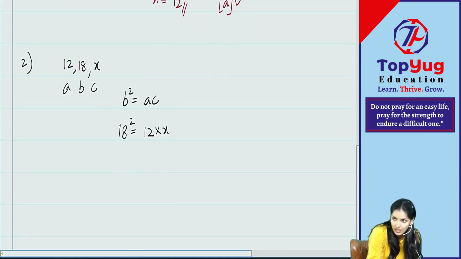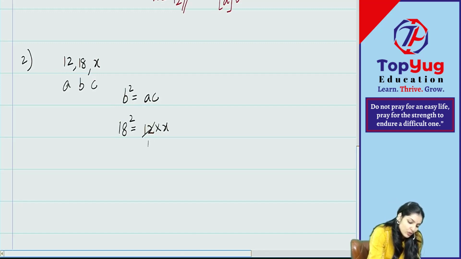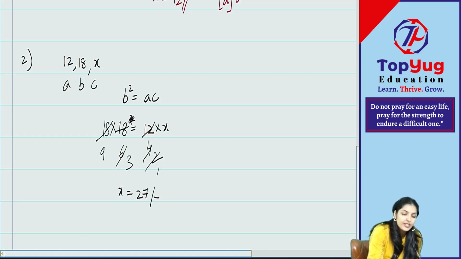I can cancel before that only. 18 into 18 is 324, but if I want I can cancel directly. So x is equal to 27. You can do however you want. Simplification is your choice.